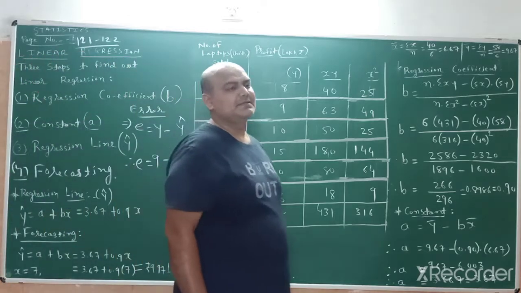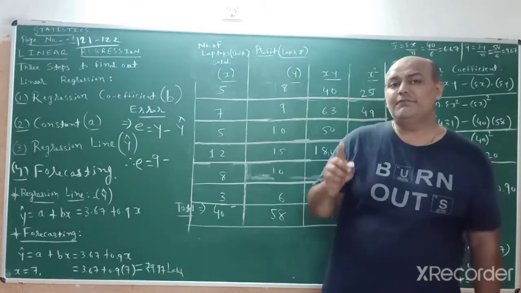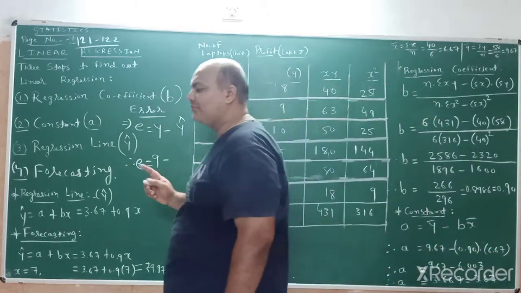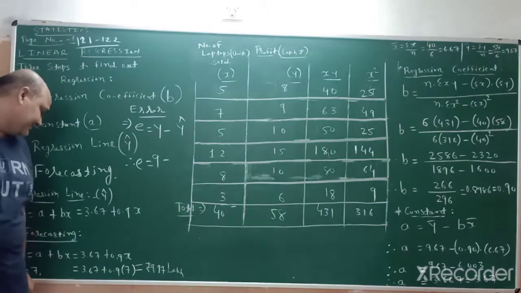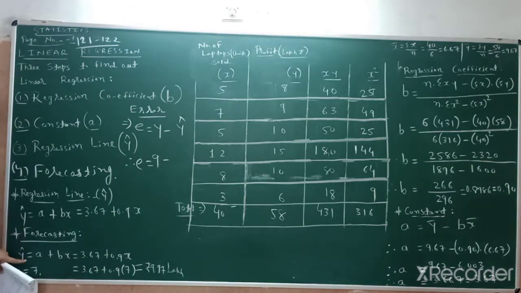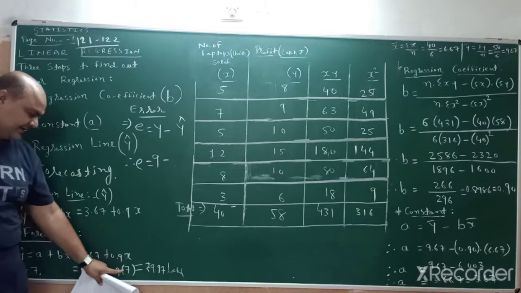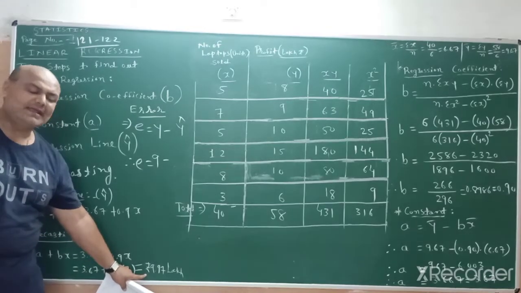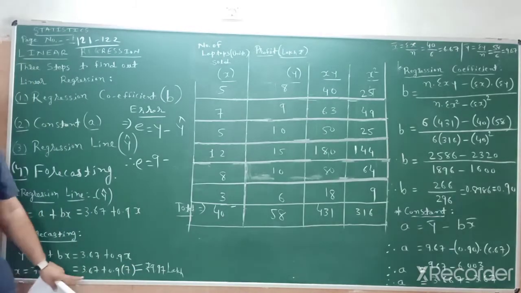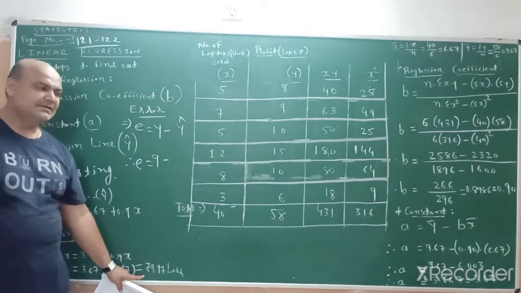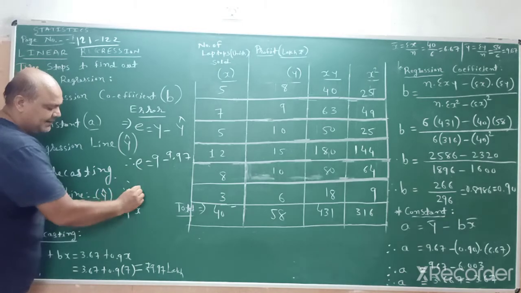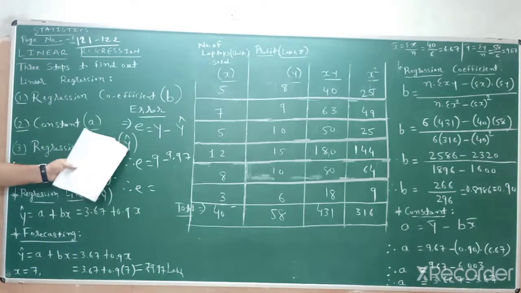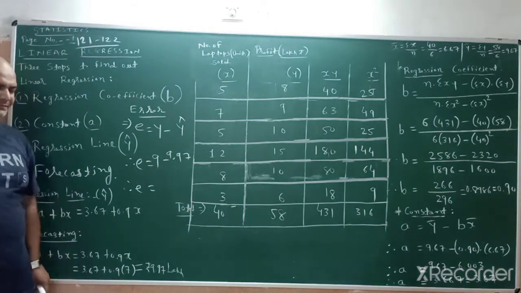And y cap means whatever answer we got of y cap after putting the value of x 7. That is called y cap. Here, when we put the value of x 7, then we got the value of y cap is 9.97. So in place of y, we write 9. So the error is y minus y cap.